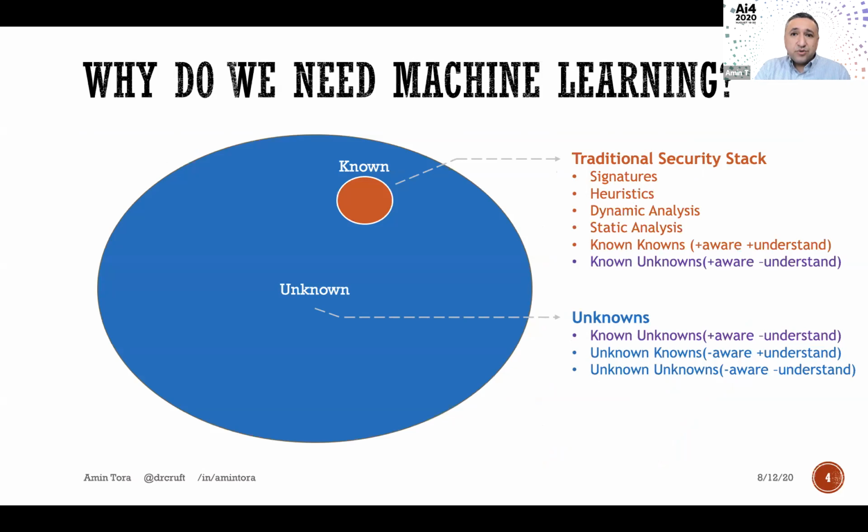We can utilize heuristics, similarity matching, and dynamic analysis. There's a lot of sandboxing going on, and a lot of static analysis performed. These are all known knowns. Even with dynamic analysis, after you analyze it dynamically, it's still correlating against known knowns.